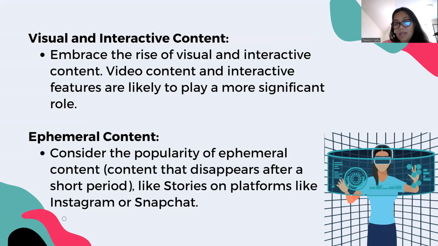Those are content that disappears after a short period, like Instagram stories, Facebook stories, which will disappear after 24 hours. YouTube stories will disappear after I think 5 to 7 days. So those are stories on platforms like Instagram or Snapchat.